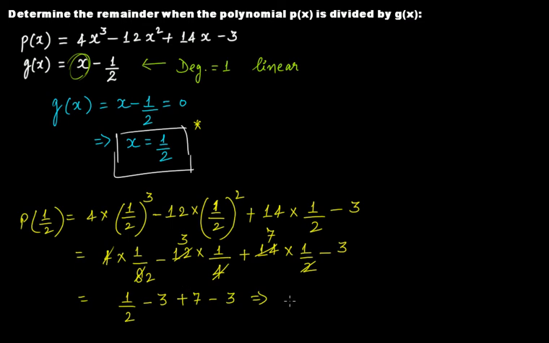If you take the LCM, which will be 2, this becomes (1 minus 6 plus 14 minus 6) by 2. This gives you 3/2. So the remainder is 3/2 when you divide p(x) by g(x).